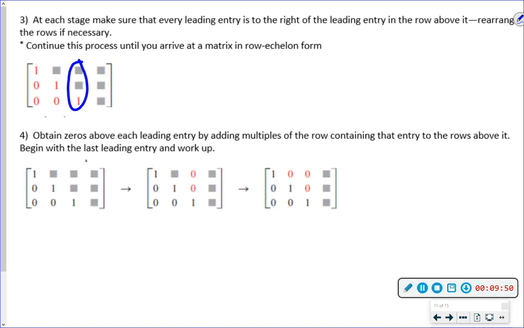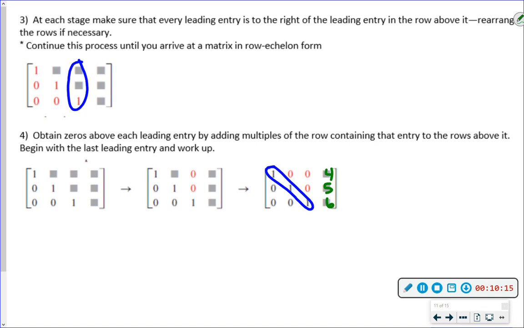I'm going to make sure I have the diagonal 1 in it first, and I'll use it to change the other numbers to the zeros. So my overall goal is I want this diagonal of 1s and the zeros above and below. That's what we're going to work on. And the nice thing is, if you think about this, let's say I just make up some numbers, 4, 5, 6.